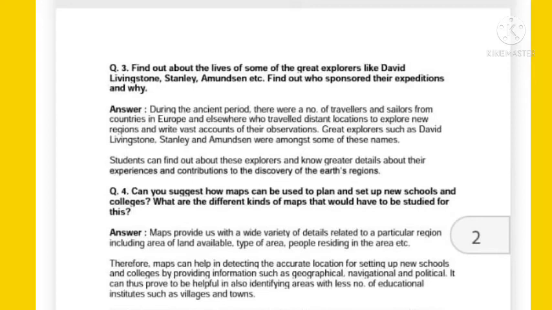It can thus prove to be helpful in also identifying areas with a smaller number of educational institutes, such as villages and towns.